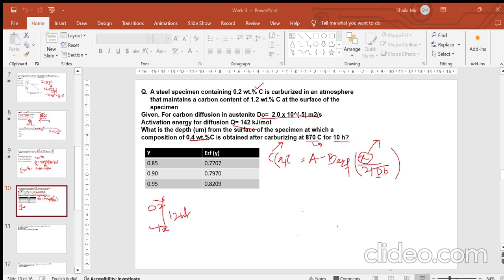Tell me what you get for x, because this is important: at what distance you will have 0.4% carbon. This will give you an idea of how much thickness you can carburize for a steel sample, in what scale it comes.